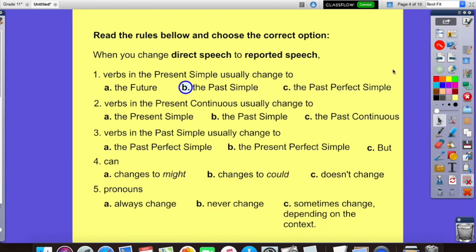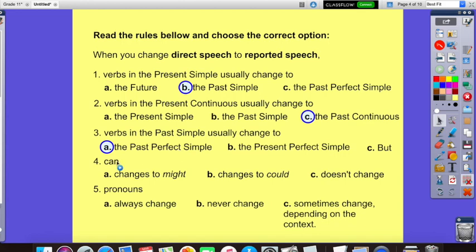Verbs in the present continuous usually change to. The answer is the past continuous. Verbs in the past simple usually change to. The answer is the past perfect simple.